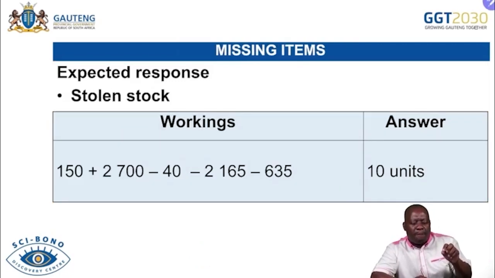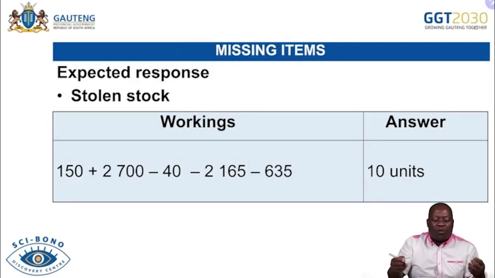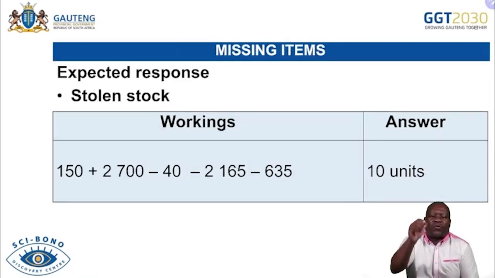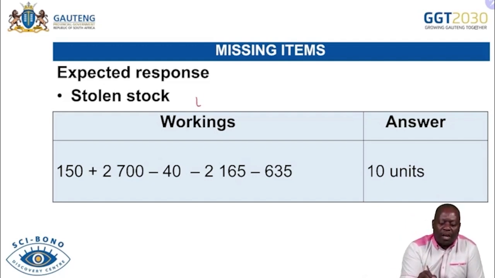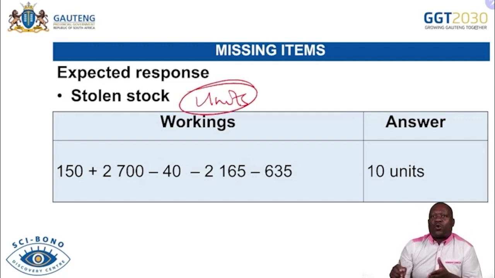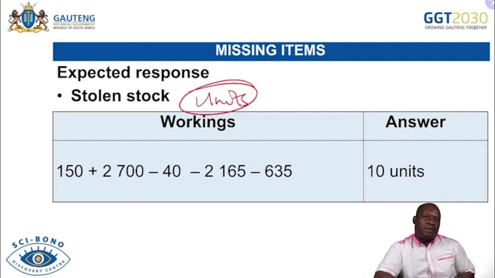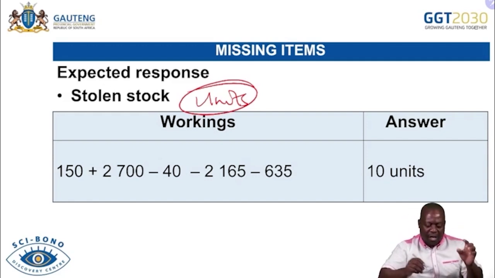We are more interested in the number of units, because when we talk of units stolen, let's concentrate on the units. If you still remember the formula for calculating weighted average, the bottom part, the denominator, concentrates on units, not on the values. So that's where we are.